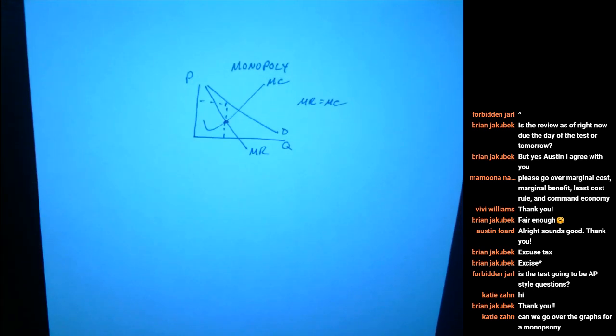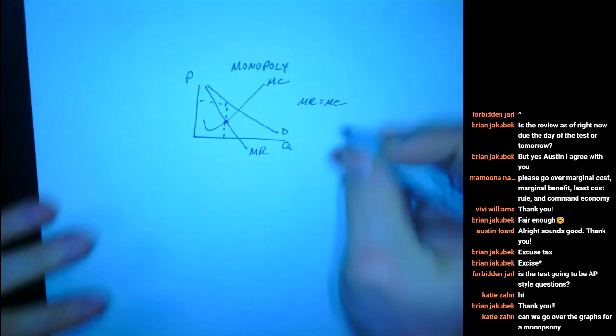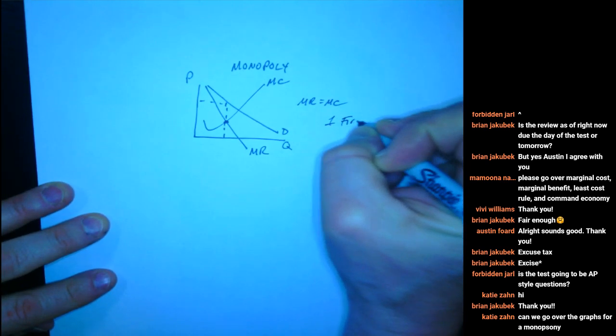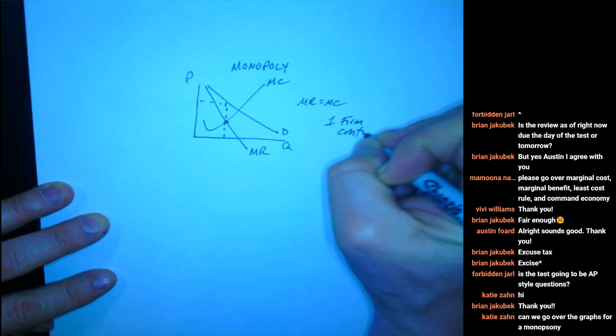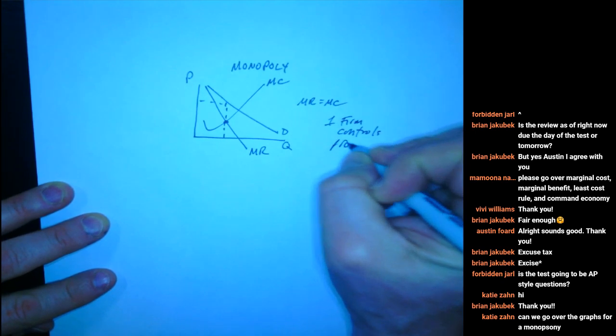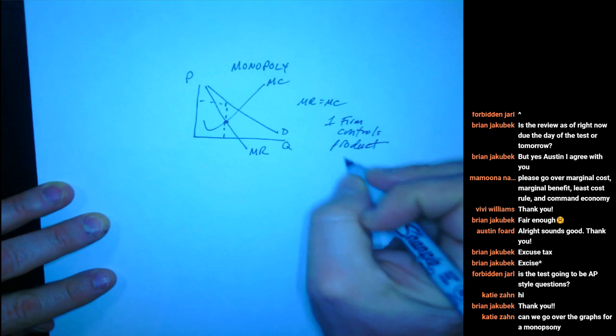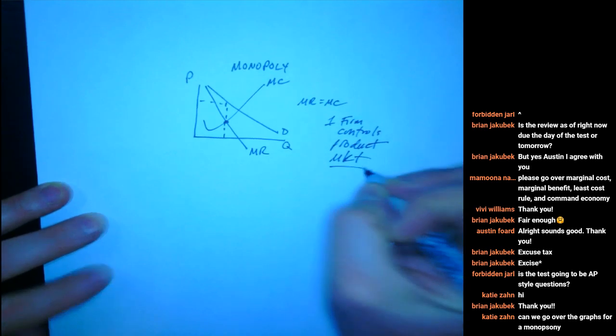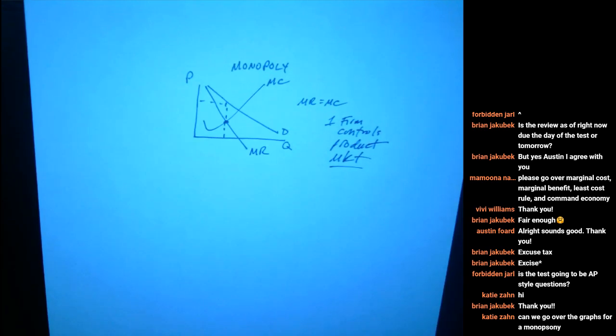All right? So in a monopoly, one firm controls the product market. Okay? Whether it be like, I don't know, Crocs or iced coffee or something crazy like that.